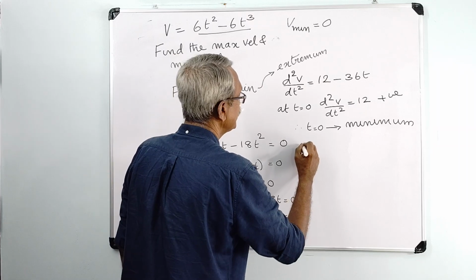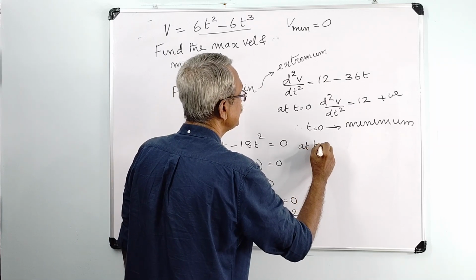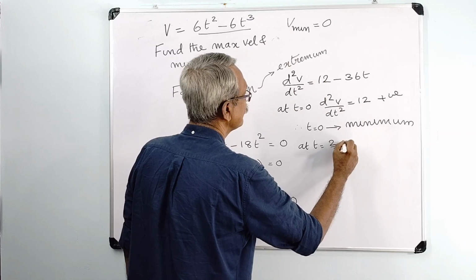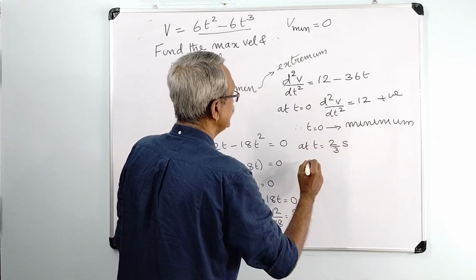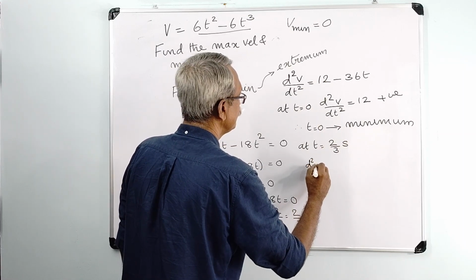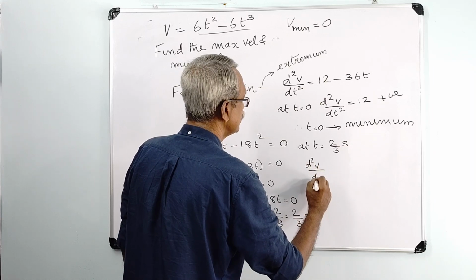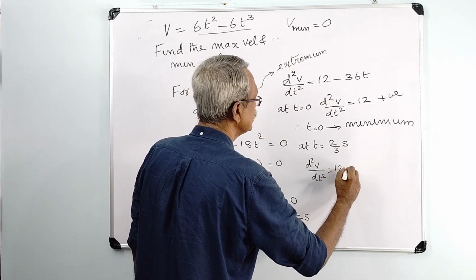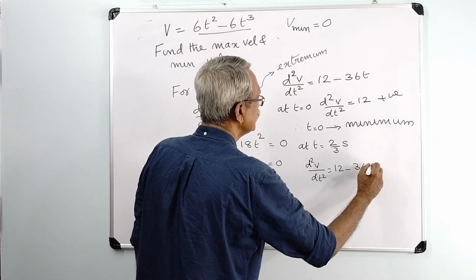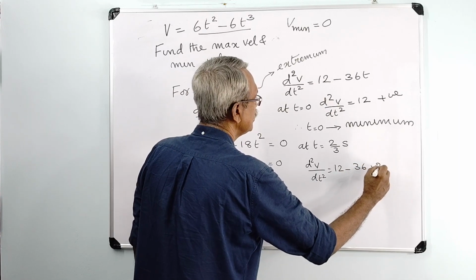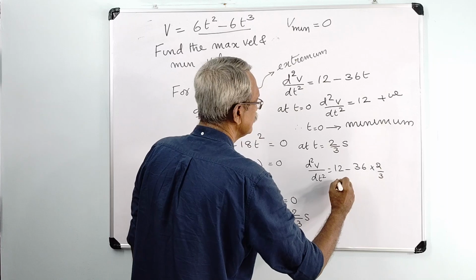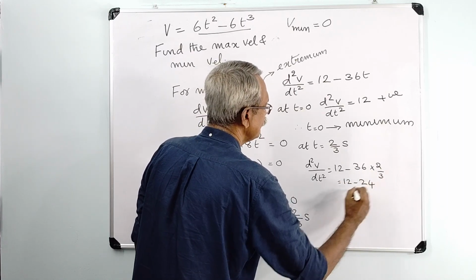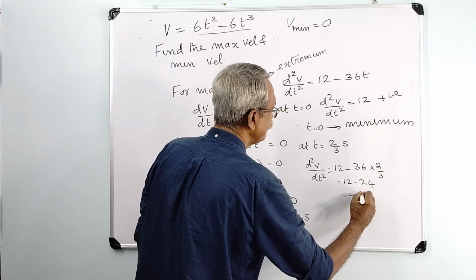Now, at t equal to 2/3 second, d square v by dt square is equal to 12 minus 36 multiplied by 2/3, that is 12 minus 24, which is equal to minus 12.